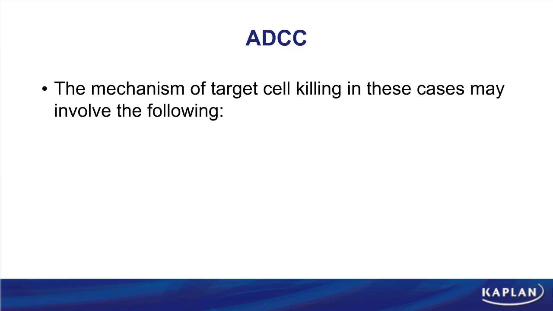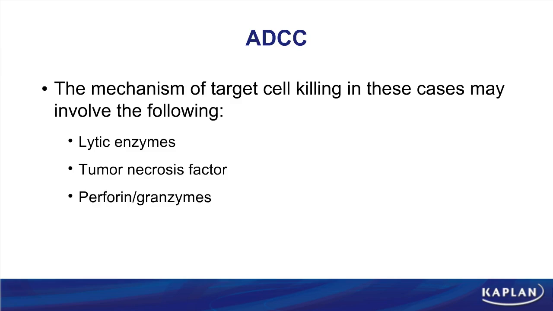Here's where life gets easy. The mechanism of target cell killing is pretty much what we already looked at: lytic enzymes, cytokines, and perforin and granzymes. So the ammunition is the same. Essentially, the difference is the recognition of specific antigen.